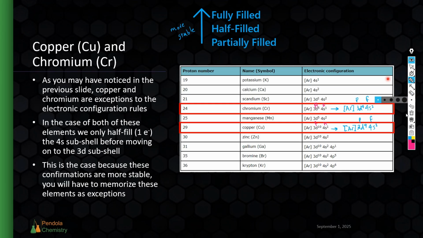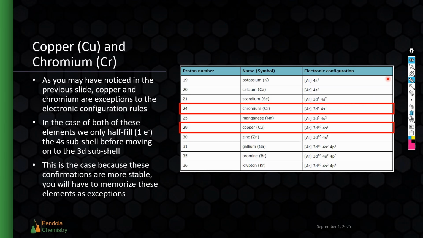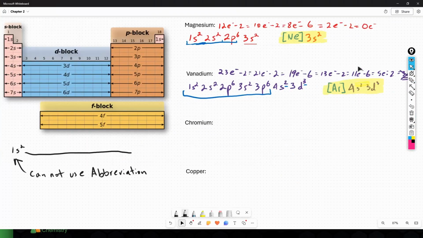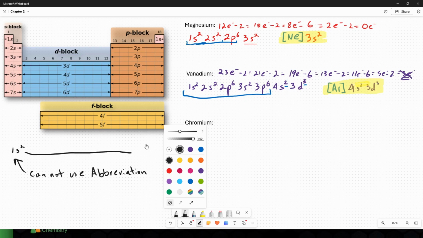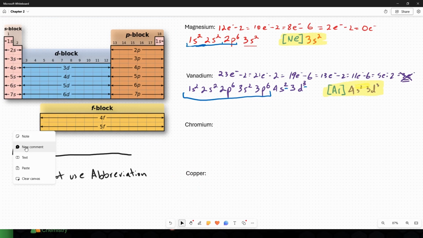So again, let's look at that in our examples. I'm going to erase this. If we look at that in our examples, we have here chromium. If we were to do chromium, I'll put the periodic table up.